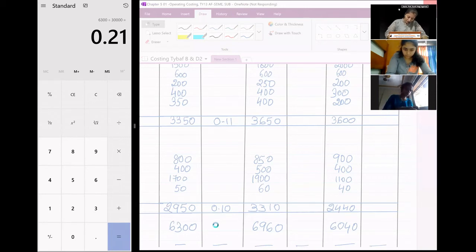Okay. Thanks, Aniksha. Yeah. So the answer is 0.21. Is the screen share visible, students?